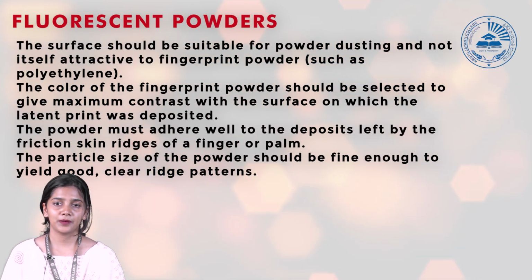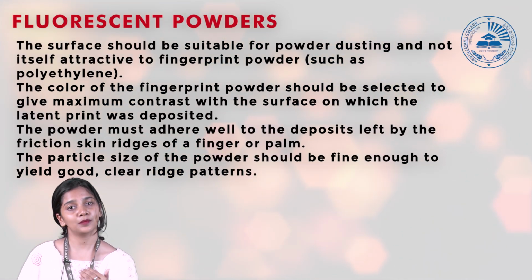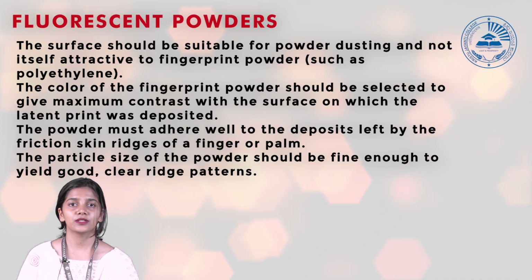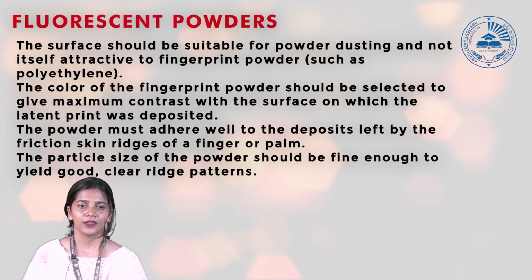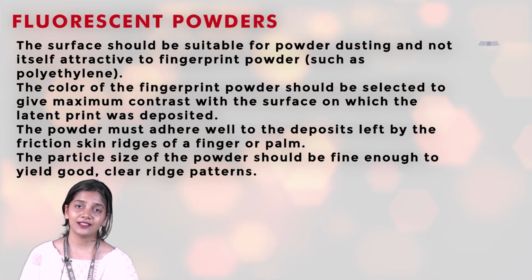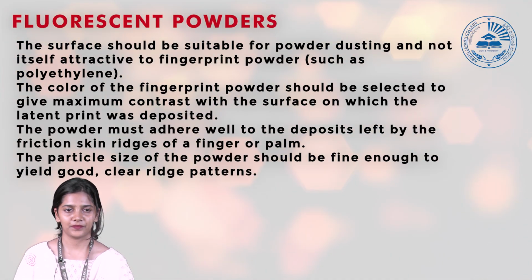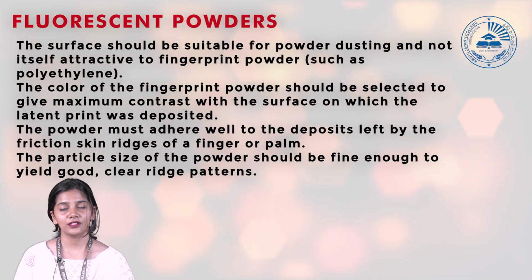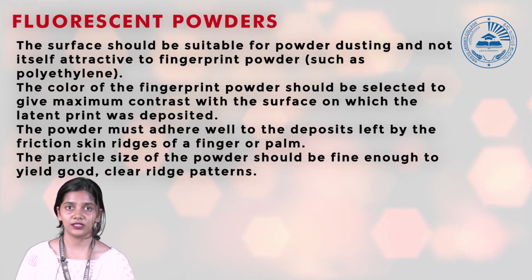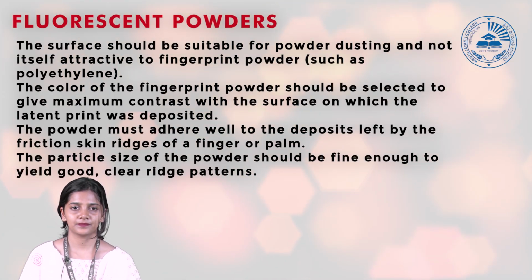The color of the fingerprint powder should be selected to give maximum contrast with the surface on which the latent print is deposited. The powder must adhere well to the deposits left by the friction skin ridges of finger or palm. The particle size of the powder should be fine enough to yield good, clear, rich patterns.